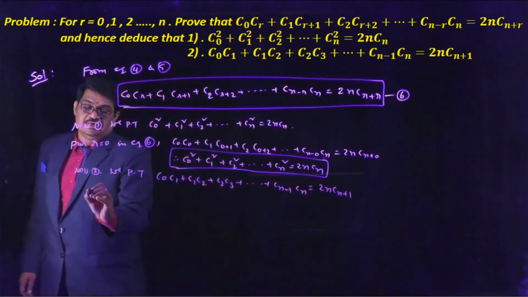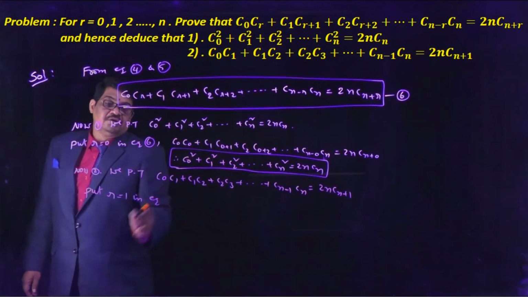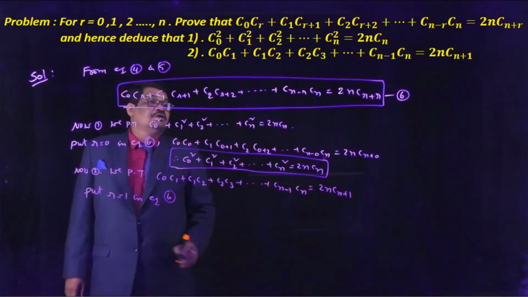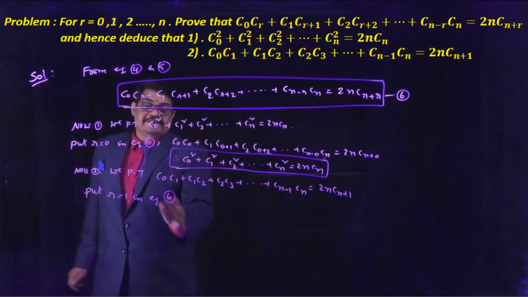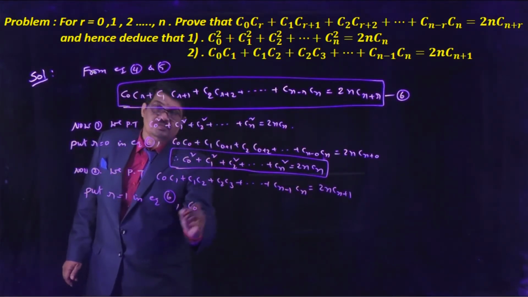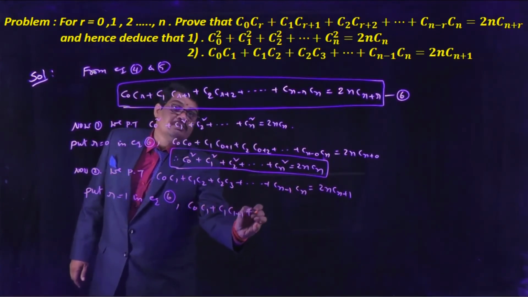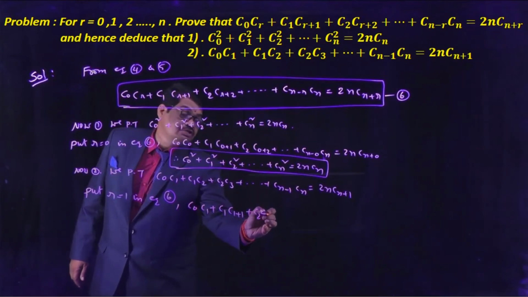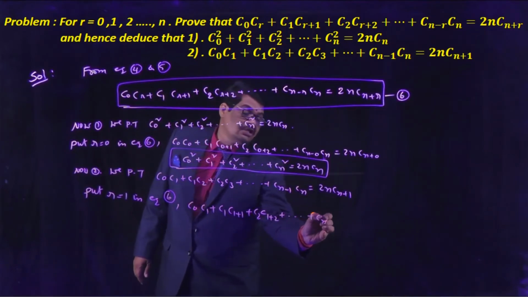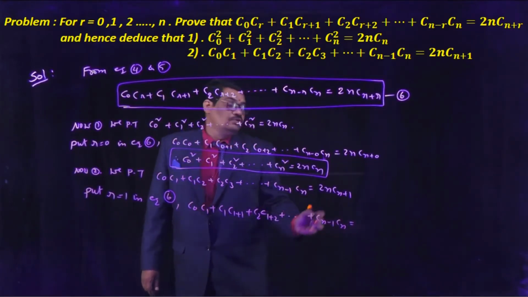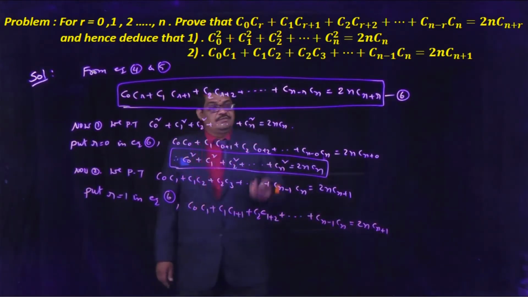Now we have to put r equal to 1 in equation 6. In equation 6 we take r equal to 1. Then we are getting C0 C1 plus C1 C1+1 plus C2 C1+2 and so on, plus Cn-1 Cn is equal to 2nCn+1. Putting r equal to 1 in equation 6, we are getting this.